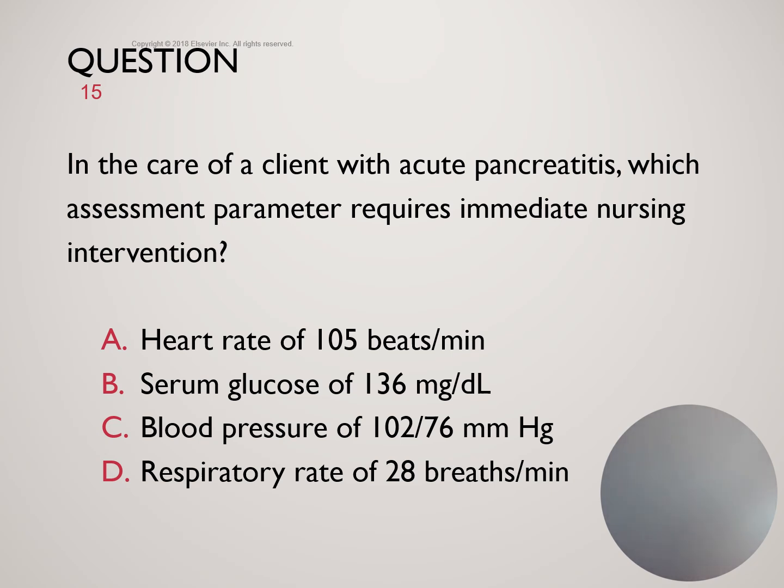So it's really important to assess the respiratory status in the care of a client that has pancreatitis. We do know that clients may also be hyperglycemic and hypovolemic with pancreatitis, and it is important to assess those, but the immediate issue would be the respiratory rate.